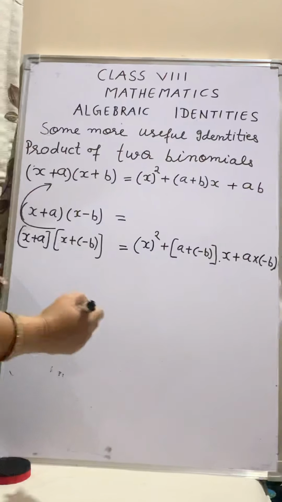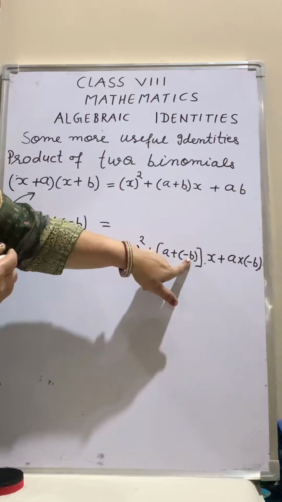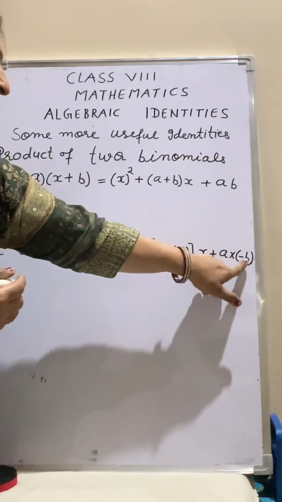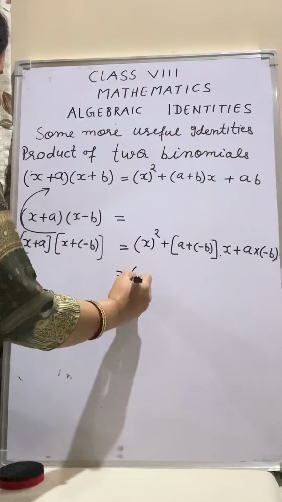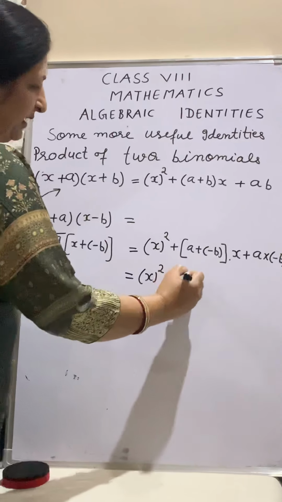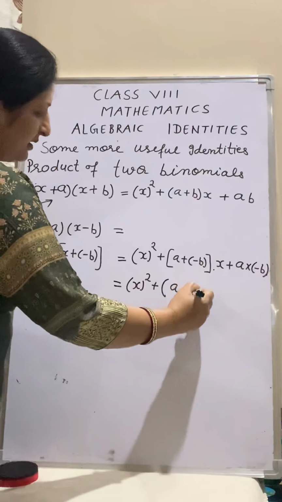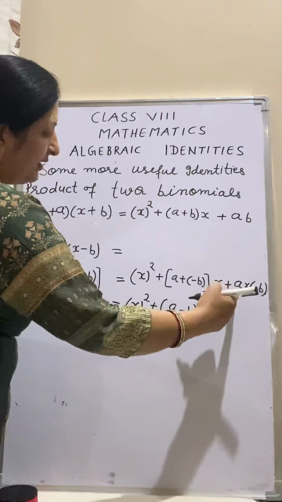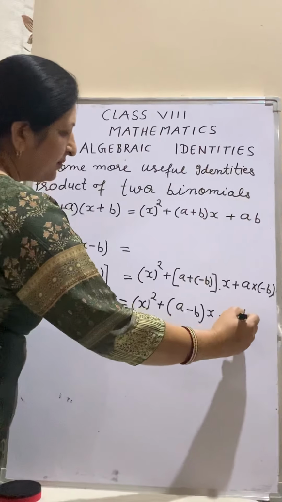Here b is negative, so we will write minus b, and in the third term, b is also negative. Now we will solve: whole square of the first plus, we will write a, it is minus b, multiplied with x, and minus, when we multiply a with minus, then minus a.